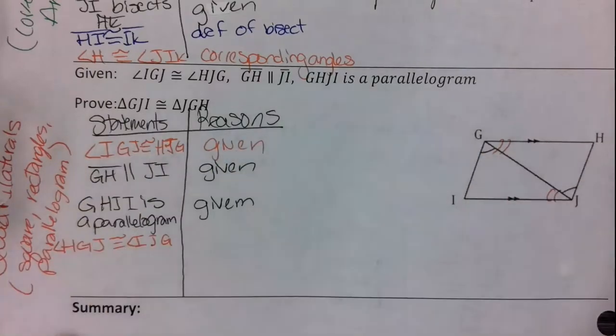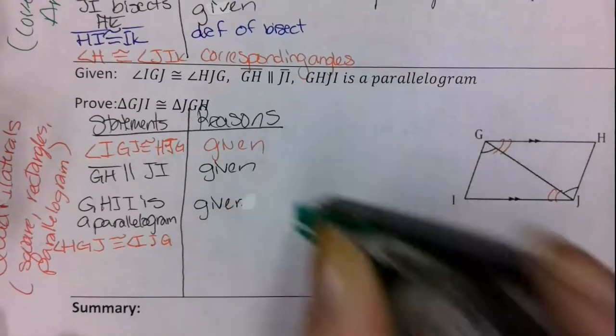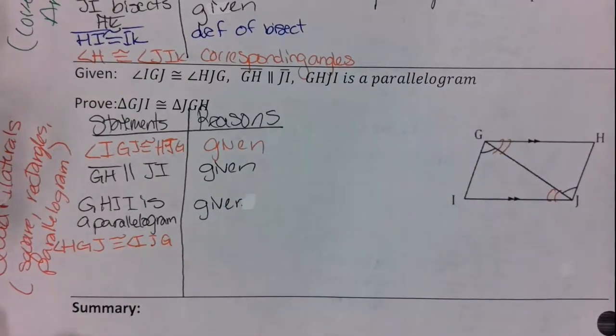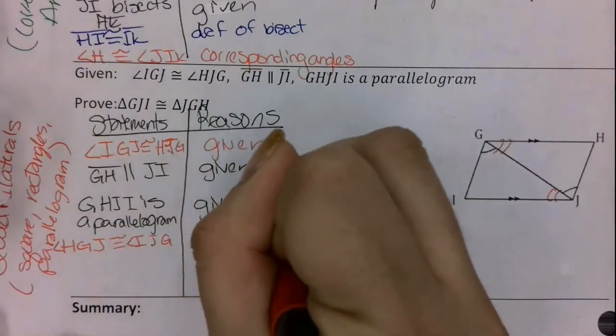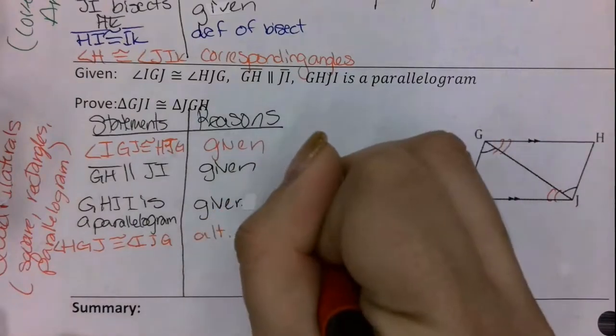I spelled given wrong too. These ones are congruent by alternate interior angles.